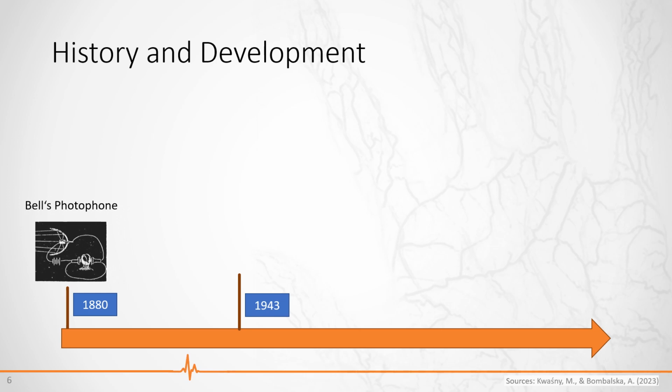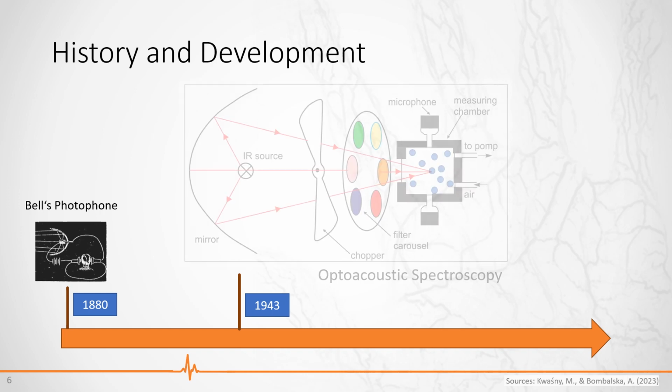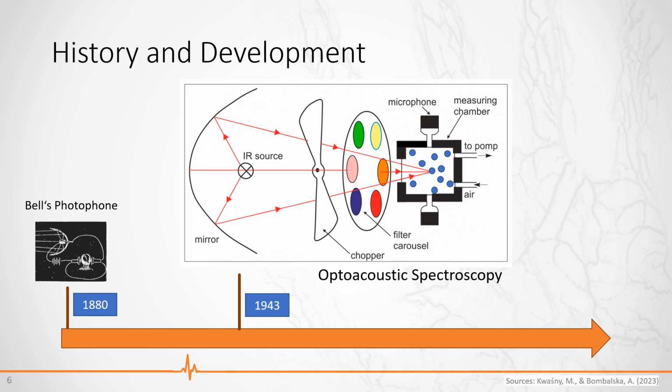After this, in the year 1943, a German scientist named Luft made use of the photoacoustic effect for spectral analysis of trace gases. One can see a light source shines onto gas molecules through a filter that only lets through one wavelength at a time.